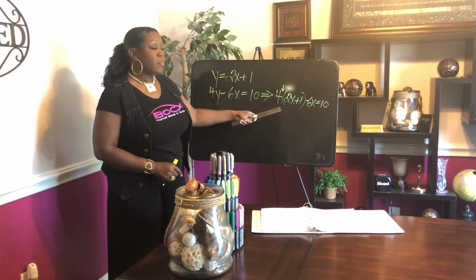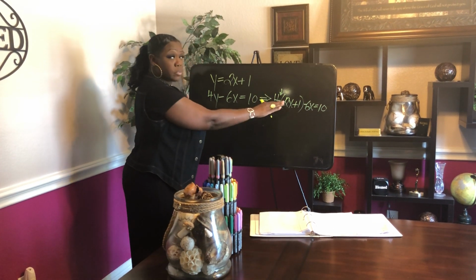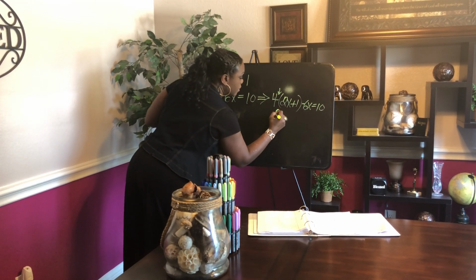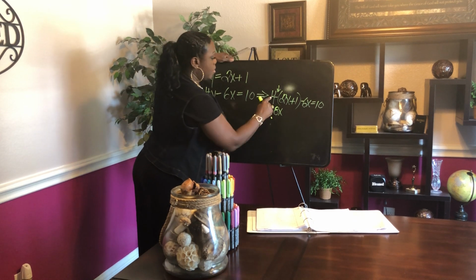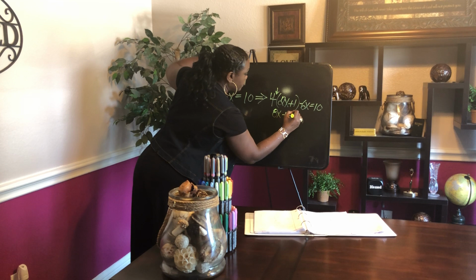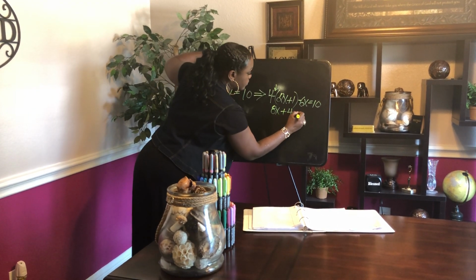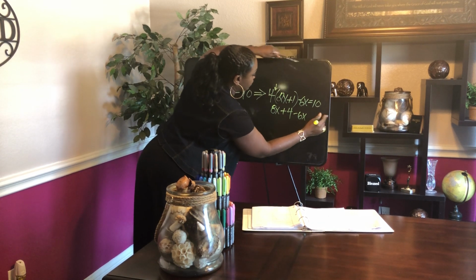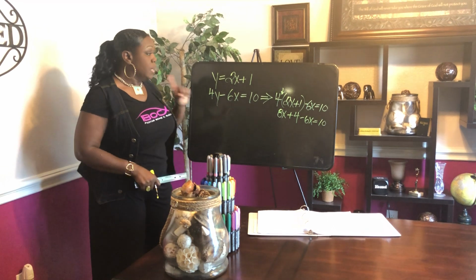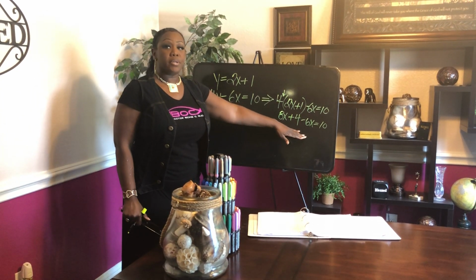Since we don't have an operation symbol, we're going to multiply and distribute the 4. 4 times 2x is 8x. 4 times 1 is a positive 4. Then bring your minus 6x down, equals 10.